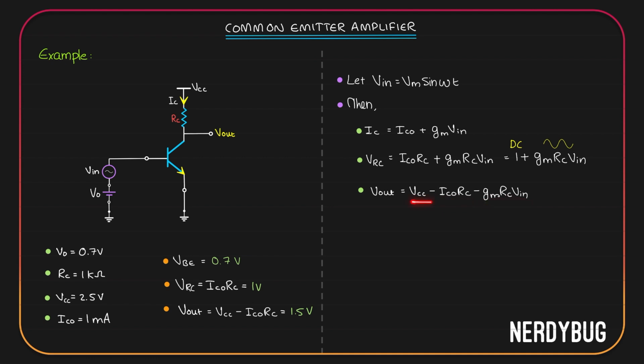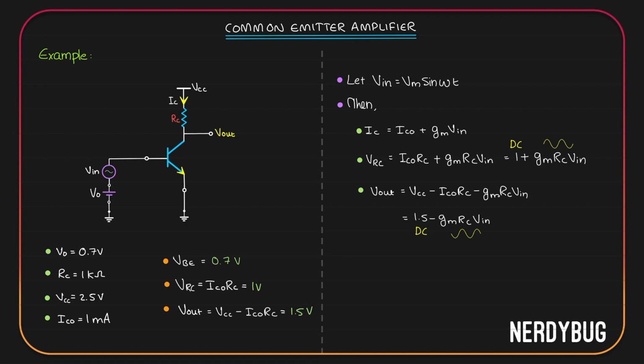I know the value of VCC minus IC naught RC. We have already found it over here. It is our previous output when the input was not connected. It is 1.5 volt. So the current V output is going to be 1.5 minus gm RC V input. Again, this is a DC value and we have an amplified version of input. This is not just an amplified version of input, there is a negative. So this is an inverted and amplified version of the input.